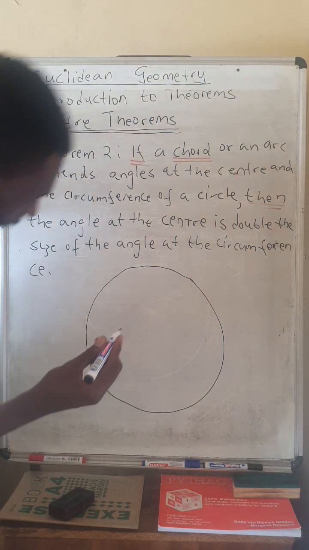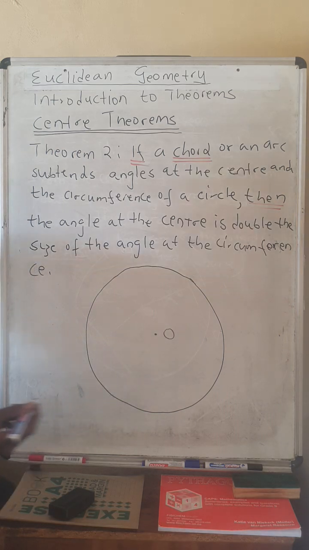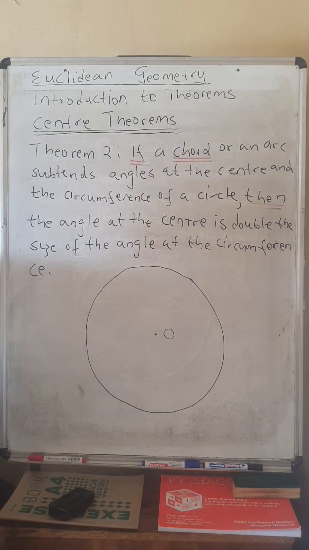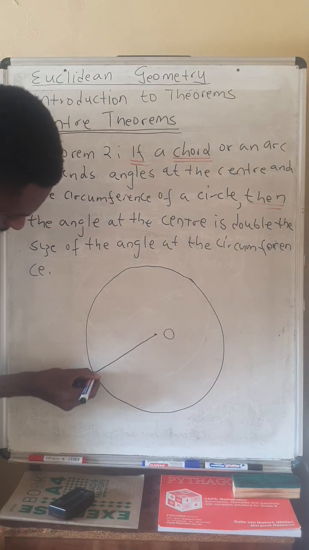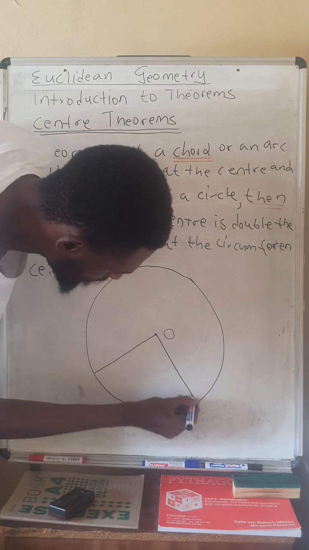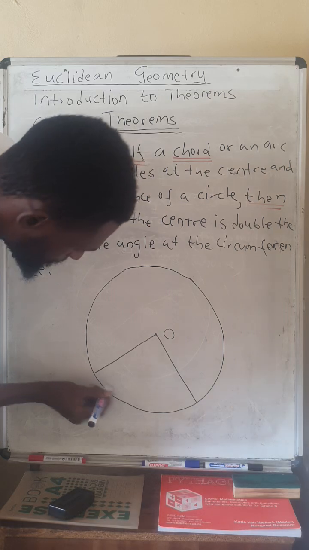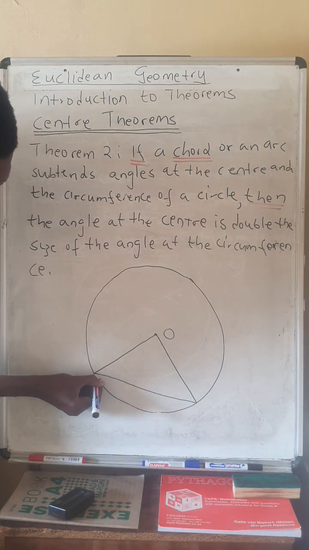So what I'm going to do here, I'm going to have my angle at the center. Remember we said an angle is at the center if its vertex is at the center and the arms are radii. We spoke about that. So you're going to agree with me here. Let me just draw the diagram in such a way that the condition will be met. Here's my chord.